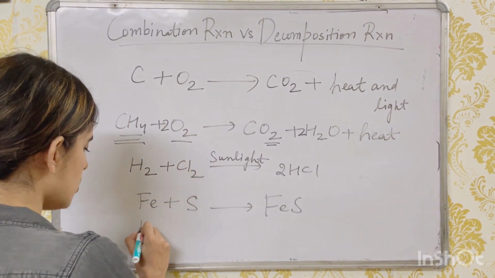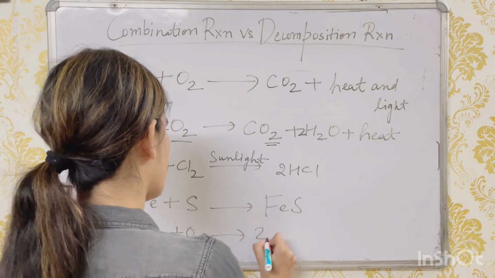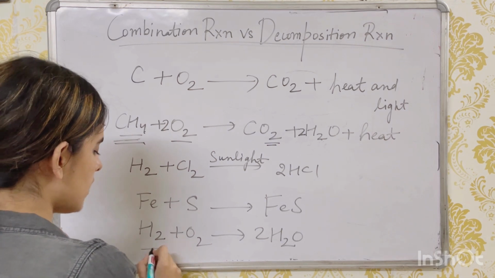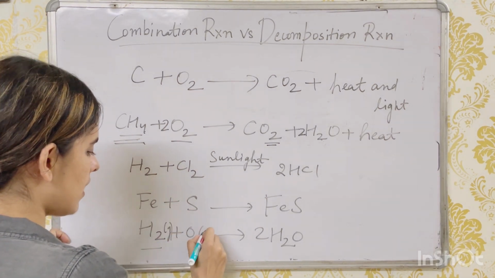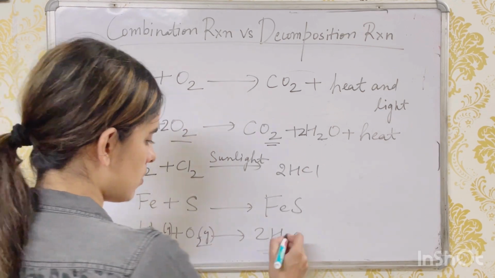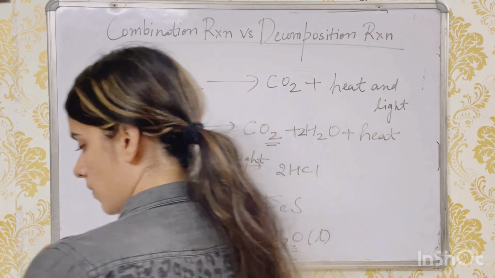Next, hydrogen combines with oxygen to form water, again a combination reaction. As hydrogen is a gas, when it combines with a gas which is oxygen, there will also be a change in state, because here the water is in liquid form. So all these are combination reactions.